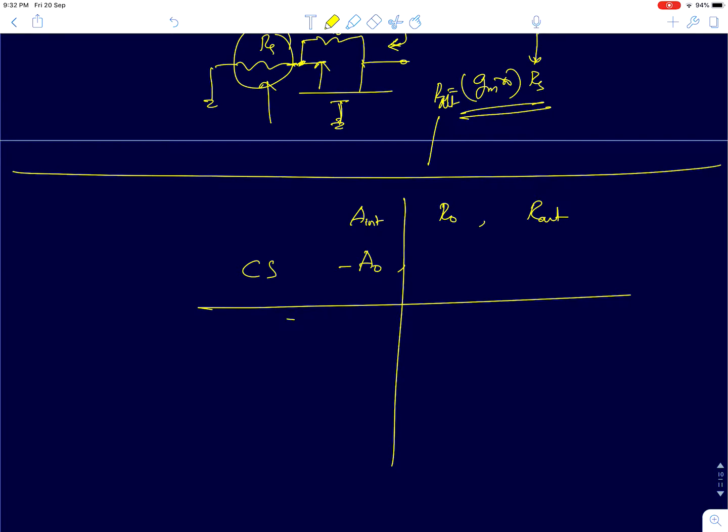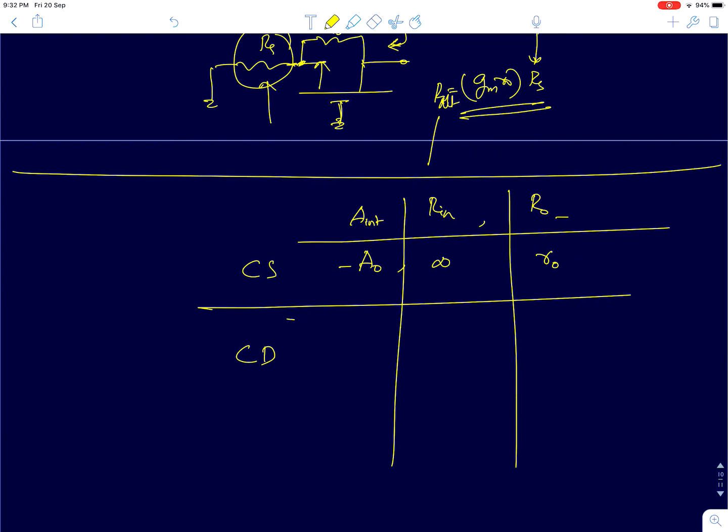For a common source configuration, Rin is going to be infinity and Rout is going to be small r0. And for common drain configuration, the intrinsic gain is A0/(1+A0), the max gain is 1, Rin is infinity, and Rout is approximately 1/gm.